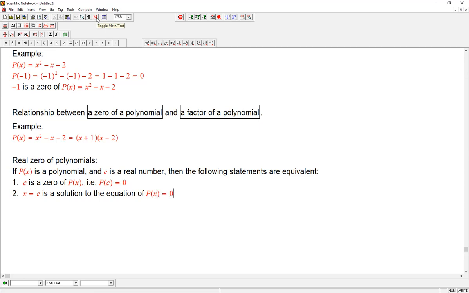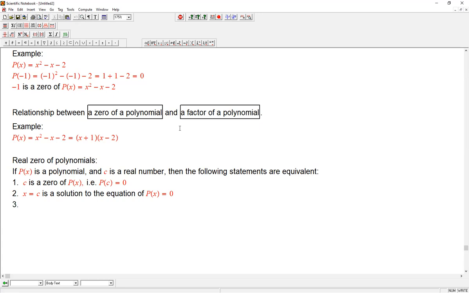Of course that is implied in the definition of zero. When we solve the equation P of X equals 0, we're finding the zeros, and from the zeros, we can identify the x-intercepts. That's the geometric meaning. I'm going to give you examples after all these statements are done.